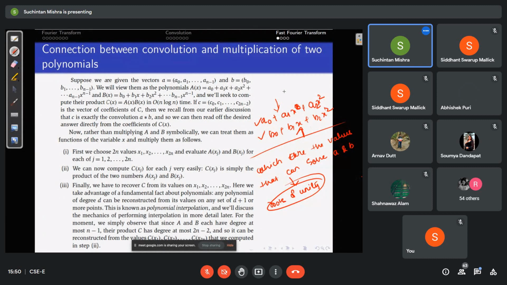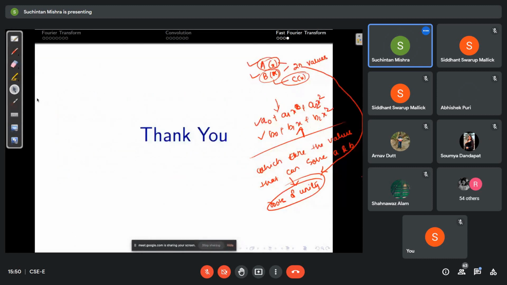Therefore, in order to solve the problem of A and B, we needed 2n values to compute A, 2n values of A and 2n values of B, and then we will get the value of C. But now we have found 2n values through the roots of unity, so that the same values can be applied on A and on B. So yes, roots of unity is the solution to our problem.